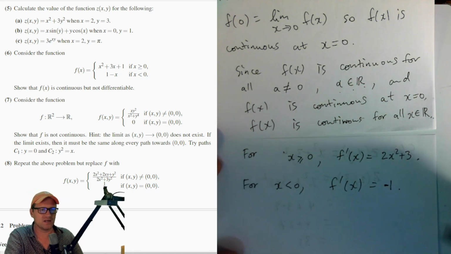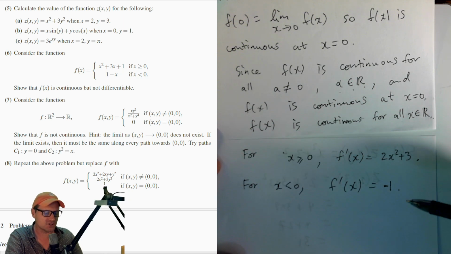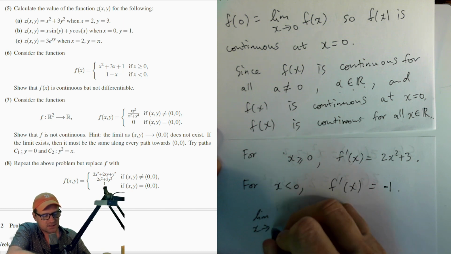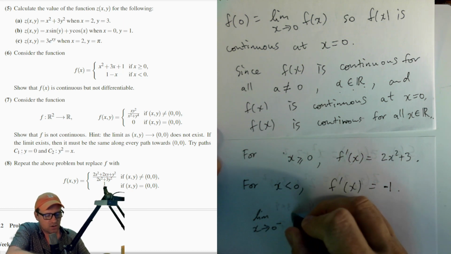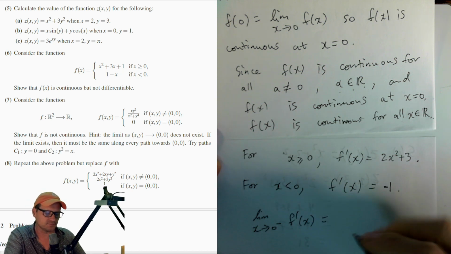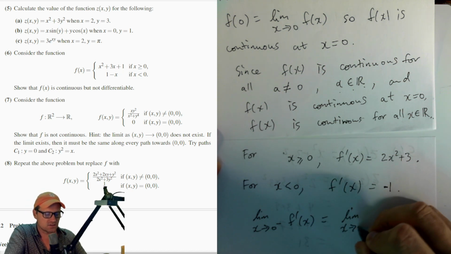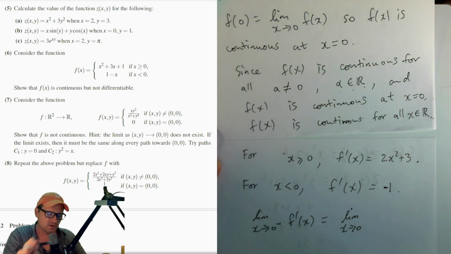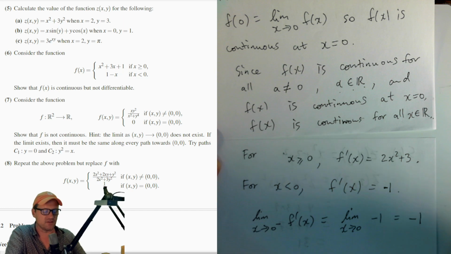Now what we need to do here is show that these two don't match up at 0. The limit as x goes to 0 from below of f'(x) is the limit as x goes to 0 of where that's governed, so we have minus 1 for that.